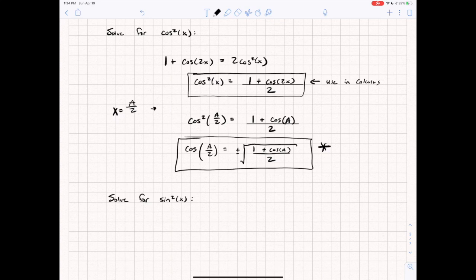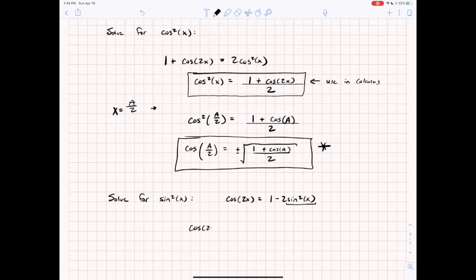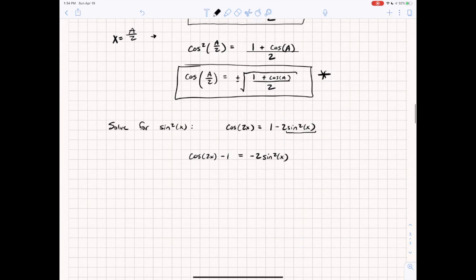So just to write it, since I don't have it on the screen anymore, remember that the formula was cosine of 2x is equal to 1 minus 2 sine squared of x. And so again, I want to solve for this sine squared here. So that means I'm going to subtract 1. So I'll get cosine of 2x minus 1 is equal to negative 2 sine squared of x. Now I'm going to divide by negative 2.